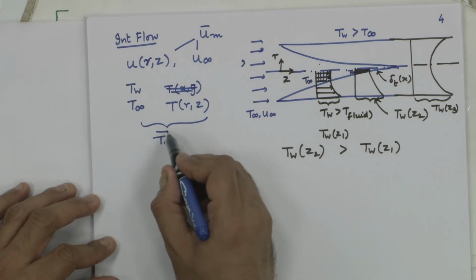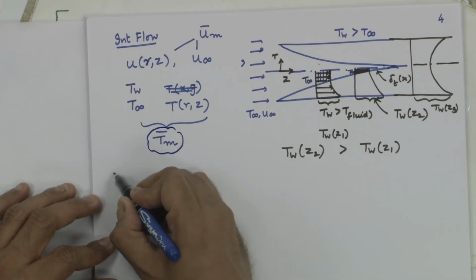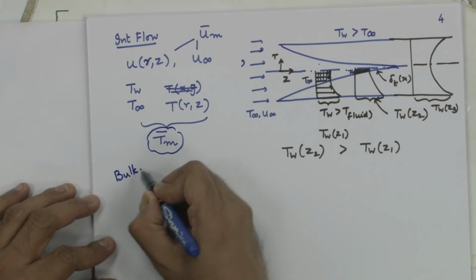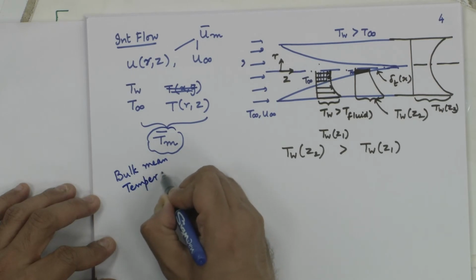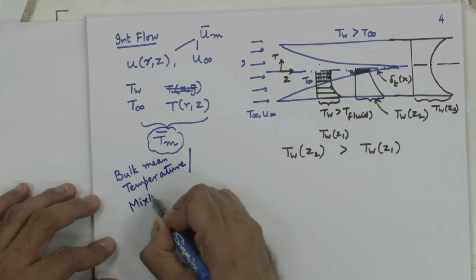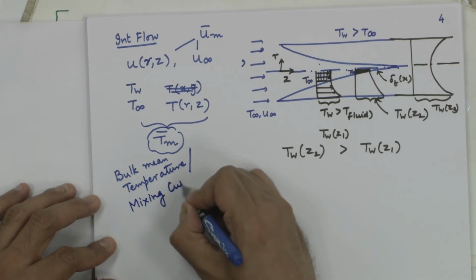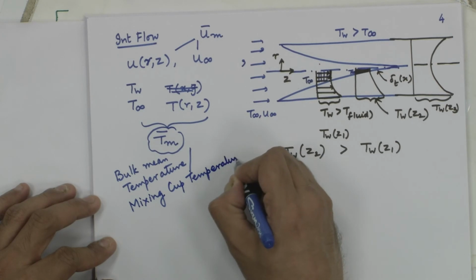Internal flow will have this additional quantity called bulk mean temperature, or mixing cup temperature as books call it, which needs to be defined.